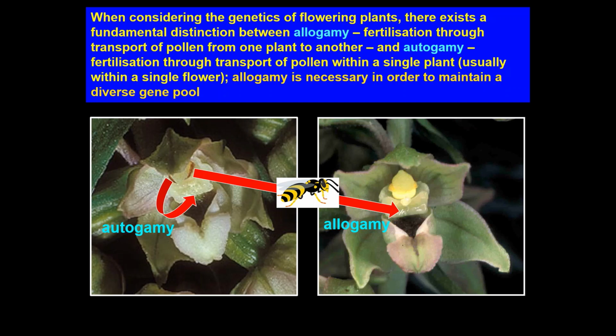In doing so, you're mixing the genomes of two different individuals, which of course keeps the gene pool refreshed and dynamic. Whereas if you indulge in autogamy and the pollen grains of a flower land on the stigma of the same flower, causing self-fertilisation, then that mixing of genomes is not taking place.